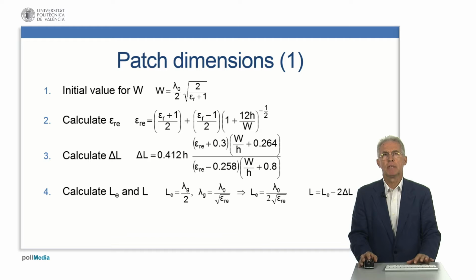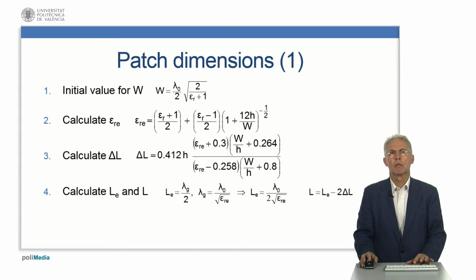Then, having defined this initial value of W, we can calculate the relative permittivity of the equivalent homogeneous media using the formula already introduced when we studied the microstrip line.